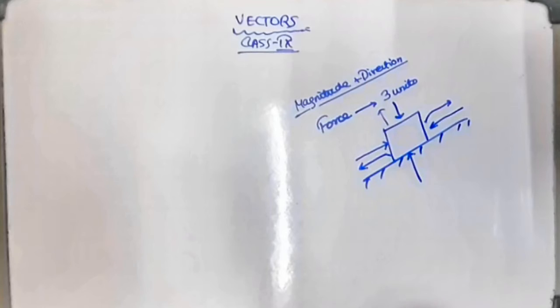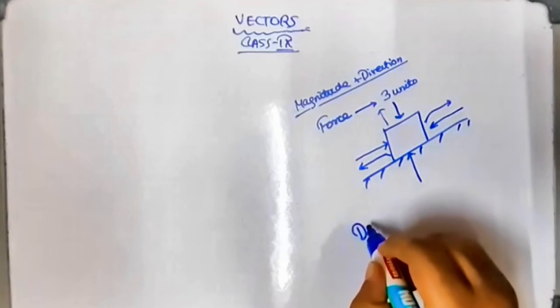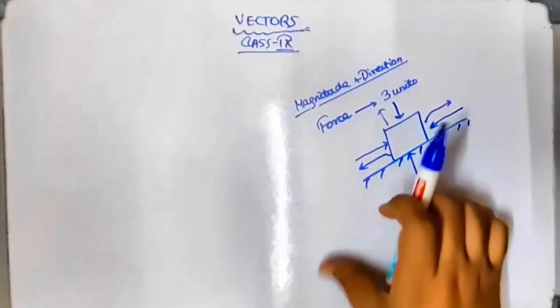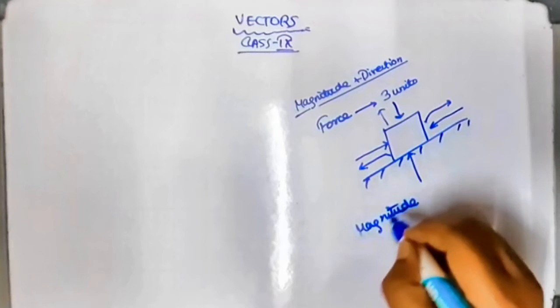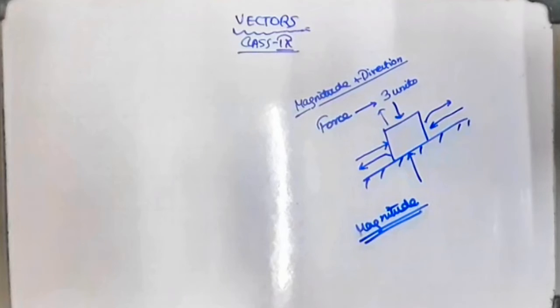Okay, but for example distance, or for example time, doesn't require a direction. Nobody asks you what is the direction of time. Nobody asks you what is the direction of distance. So distance, time, mass, these are quantities which only need magnitude to be determined.